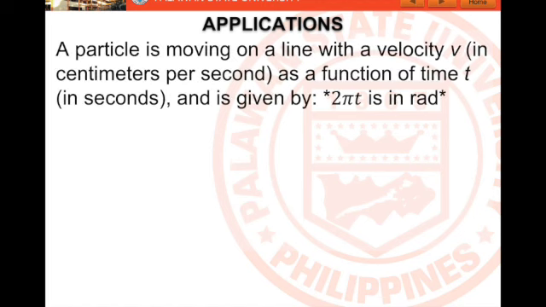So here we have a particle, and it is said to be moving on a line with a velocity. The unit is given as centimeters per second, and it is a function of time, t, in seconds, and is given by the following. Please note that in this equation, the velocity is equal to 10 times the cosine of 2 pi times t. And the note is that this angle 2 pi t is in radians.